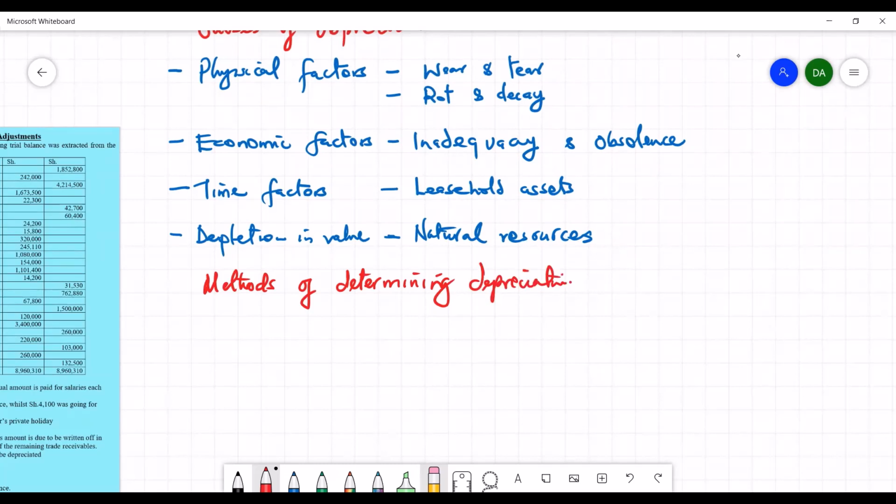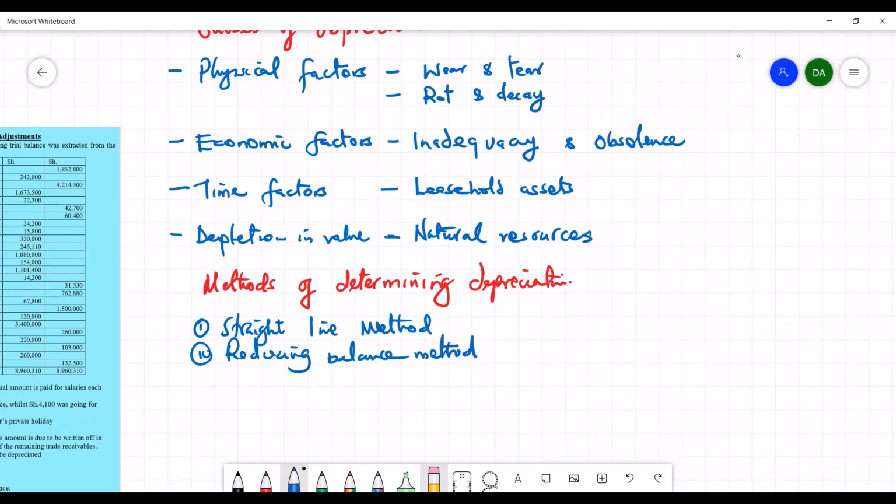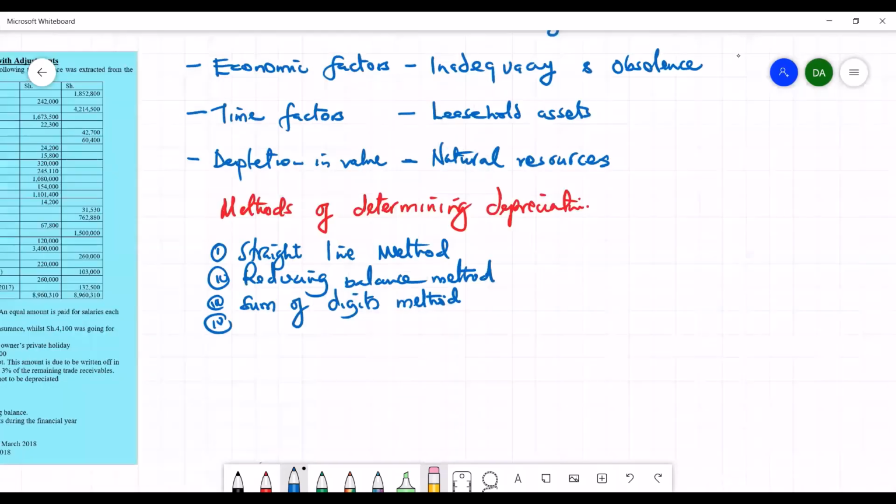The methods of determining depreciation include the following. We have straight line method, reducing balance method, sum of digits method, output method, or production method, and lastly, machine hour method.